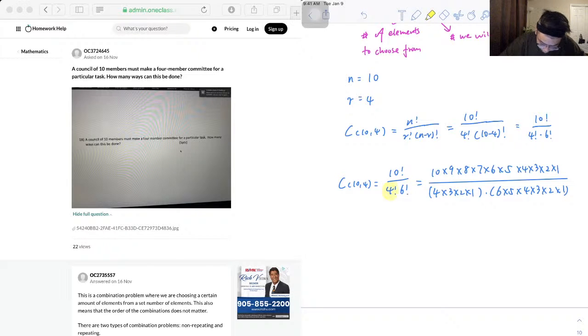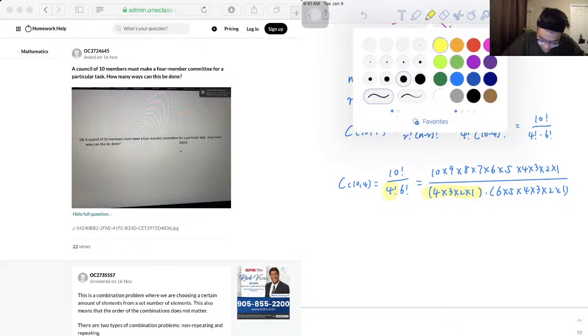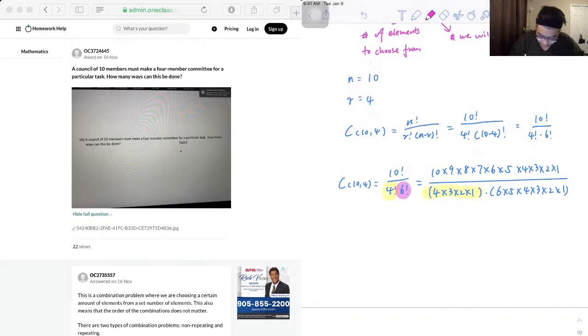The 4 factorial is the first bracket, and 6 factorial is the second part.